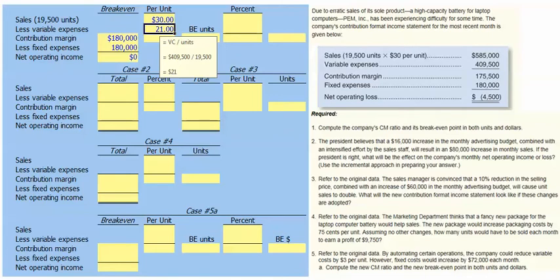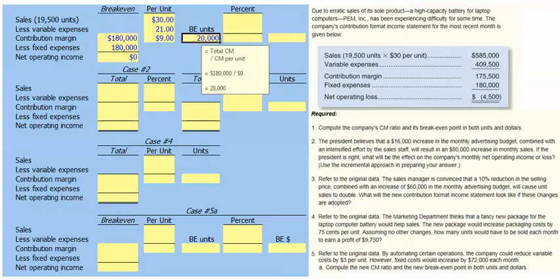That's the $409,500 in total variable expenses divided by 19,500 units. This means our contribution margin per unit is $9. If we take our total required contribution margin of $180,000 and divide it by $9 per unit, we get a break-even point in units of 20,000 units.